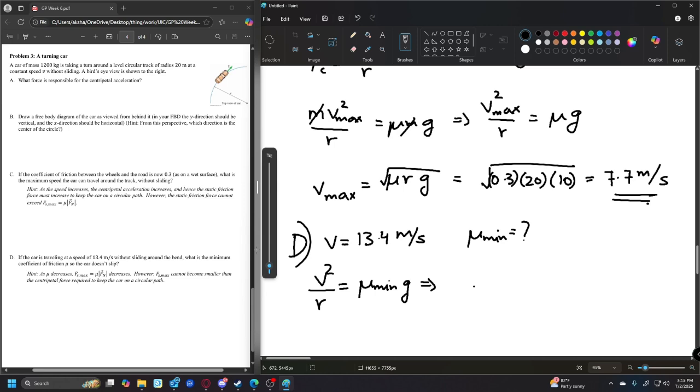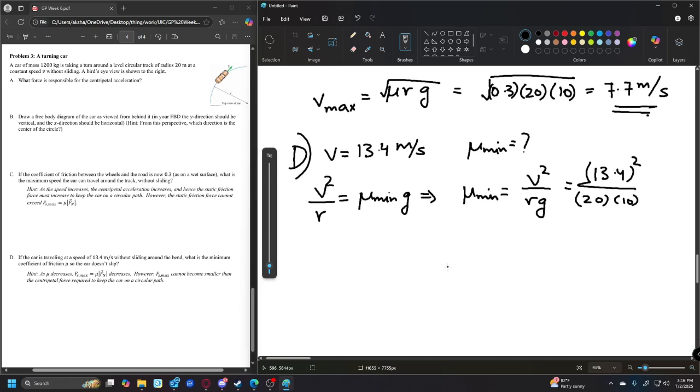And we can solve for mu min by doing mu min equals v squared at the top and r g. Plugging in the value of v squared as 13.4 squared divided by 20 times 10 gives us our final answer for the minimum coefficient of static friction to be around 0.898.